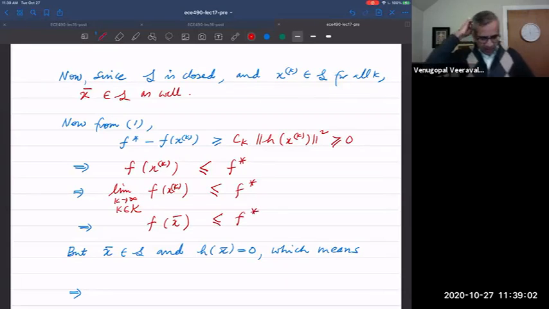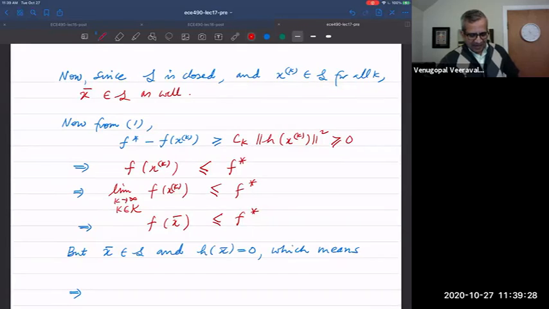So now we have found an x. We see that x bar is in the set S. X bar satisfies the constraint, and the value of the objective function at x bar is less than or equal to the minimum value that f can take over the constraint set.